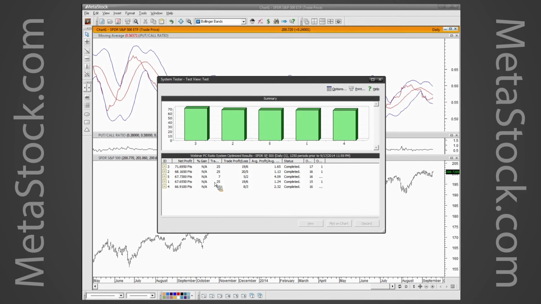But again, we have more trades this time, but we still have a fairly good ratio of winning to losing trades and a good average profit. And then if we were going to trade this system, then these are the optimized values we would use. We would use 17 periods in the Bollinger Bands, and then we would use 1 deviation.